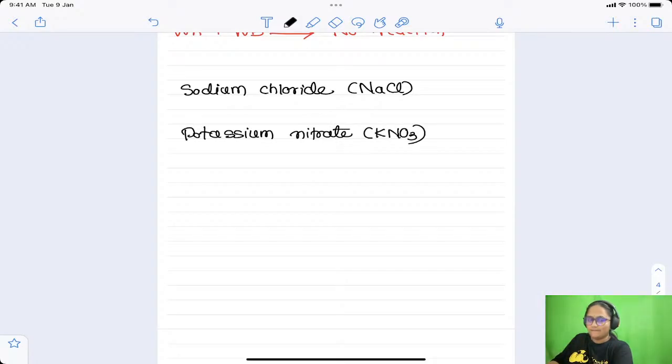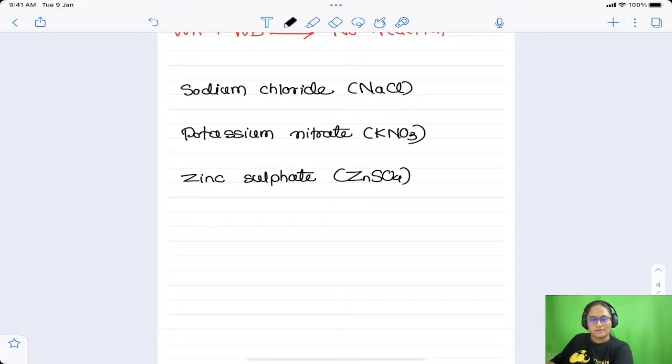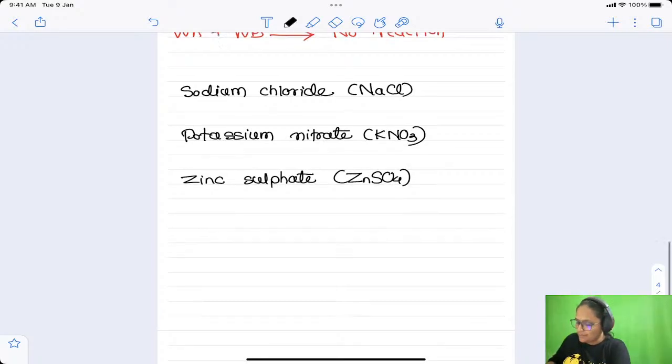Then the next example is zinc sulfate, formula is ZnSO4. The next example is copper sulfate.